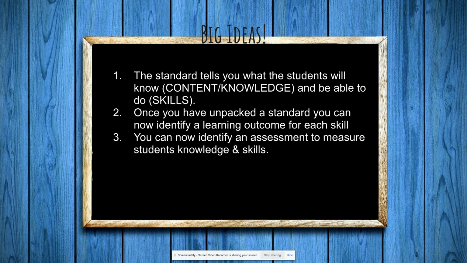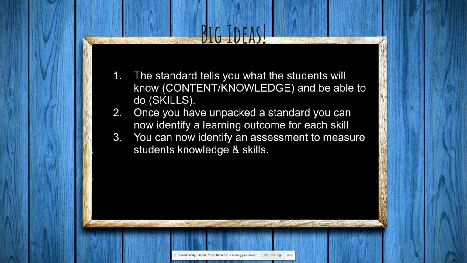Remember, when we start planning and designing instruction, we begin with those content standards. We have to unpack the standards to be able to identify what we want our students to know, content knowledge, and be able to do, the skills. And once we've unpacked a standard, we can identify a learning outcome.